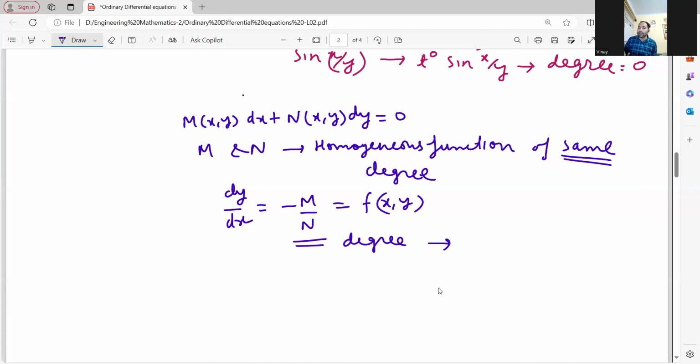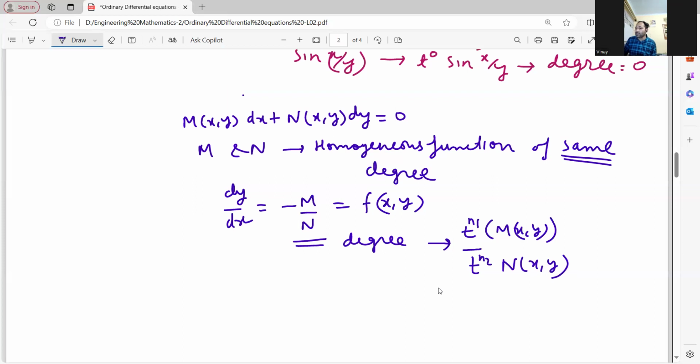By the way, if M and N are of the same degree, just imagine what I taught you earlier: t to the power n1, M(x, y), and here t to the power n2, N(x, y).